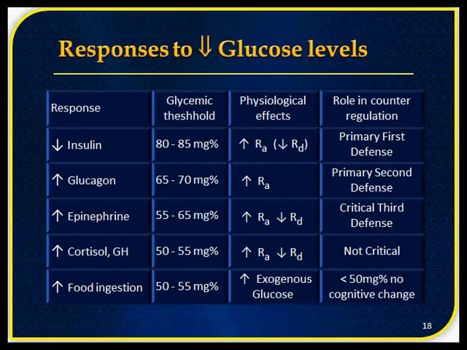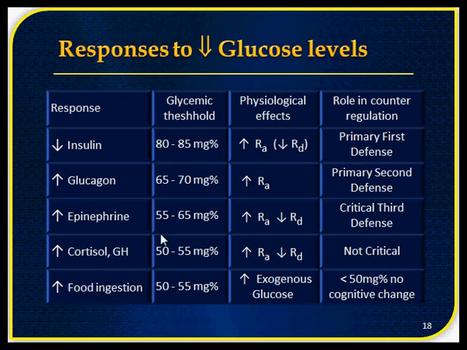The second defense is increased secretion of glucagon from the alpha cells of the pancreas. As soon as the blood sugar is around 65 to 70 milligrams, there will be glucagon production that increases the rate of appearance of glucose by glycogenolysis in the liver.